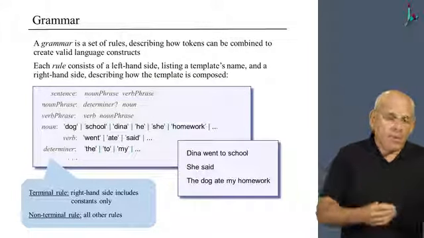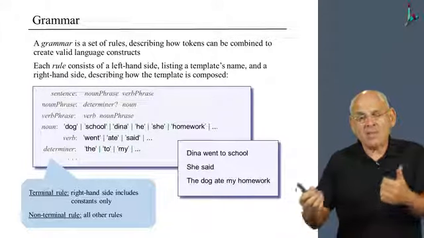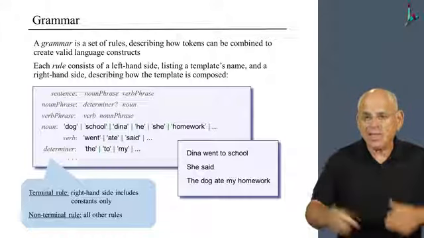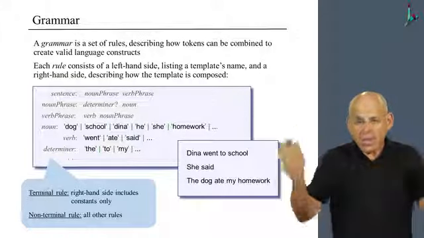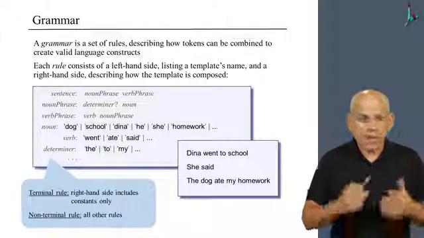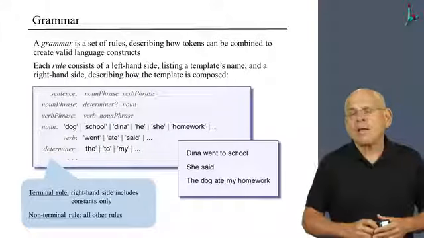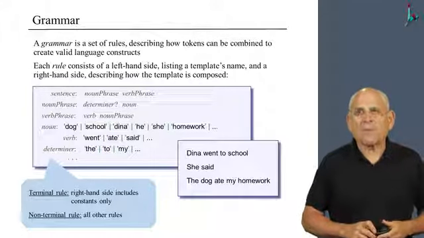And then I have non-terminal rules, and these are the rules whose right-hand side consists of names of other rules as well as possibly constants. So taken together, a grammar is a set of terminal and non-terminal rules. This is an observation that will be useful later on in our work.